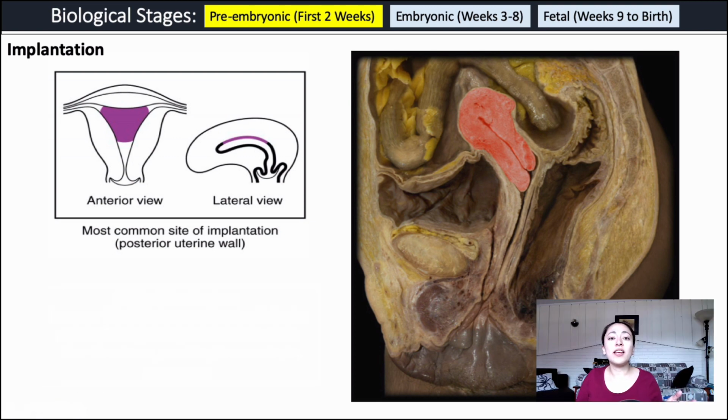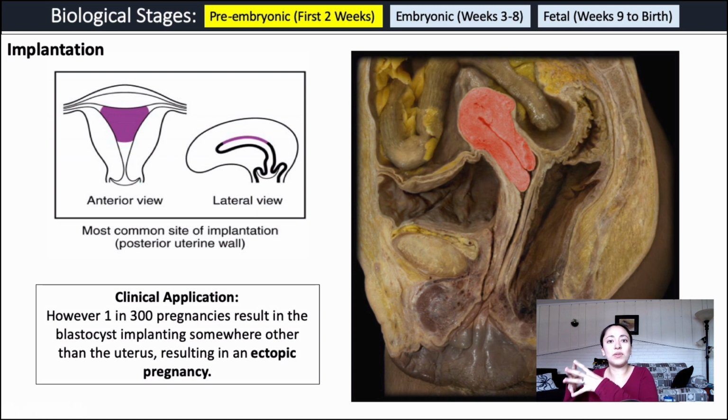One clinical application associated with implantation is what's known as an ectopic pregnancy, and I mentioned this in a previous lecture video. 1 in 300 pregnancies result in the blastocyst implanting somewhere other than the uterus itself, and this is what is called an ectopic pregnancy. The most common place for an ectopic pregnancy is within the uterine tubes.